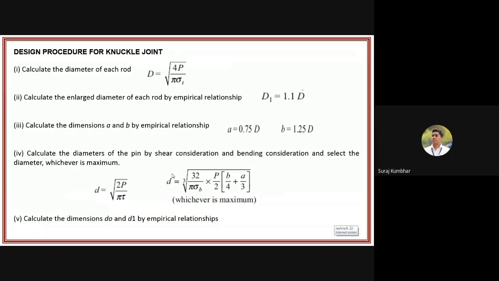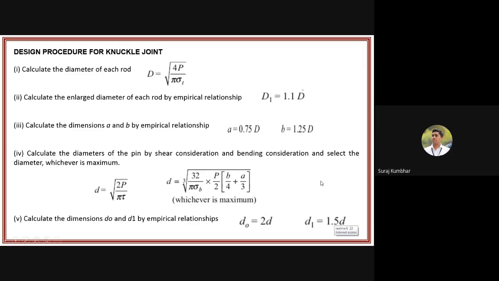Now what is that empirical relationship? Here it is. D0 is equal to 2 times d and D1 is equal to 1.5 times d. So this is the empirical relationship to find out D0 and D1, that is the outer diameter of the single eye, and D1 is the inner diameter of the single eye.